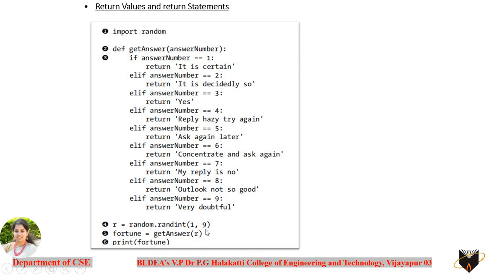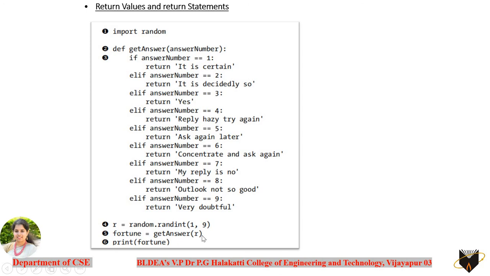Whatever value is generated will be stored in the variable r, and here you can see one more variable has been taken, fortune, just to get the result back from the function get answer. With the help of this variable, you are calling the function get answer, where you pass the same value which has been generated and stored in the variable r.